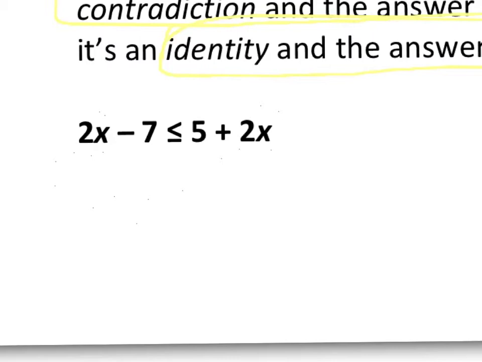Now let's think about this carefully. We need to decide if this is a true or false statement. It says negative 7 is less than or equal to 5. Yes, it's true because it is less than. It does not say less than and equal to.